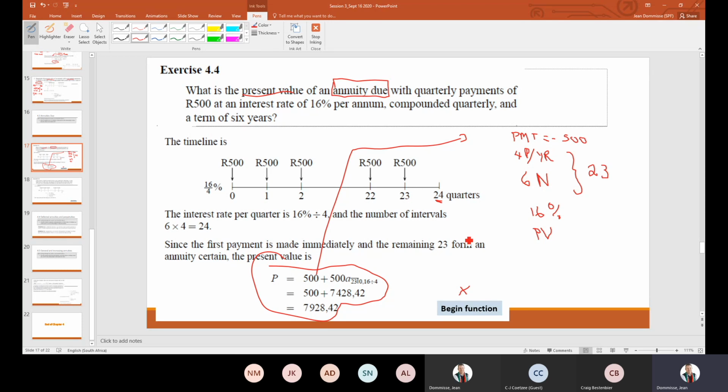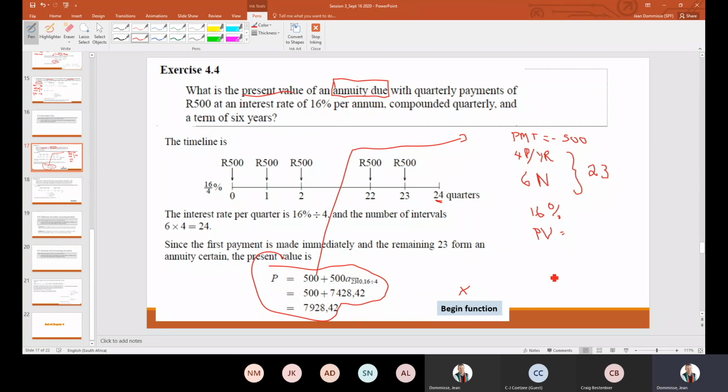I would have said again minus 500 PMT, always with 0 future value, just so that it erases what was in there. It is 4 times a year. Now, before we put in 6 times a year, we need to make a calculation to get to the 23 periods.